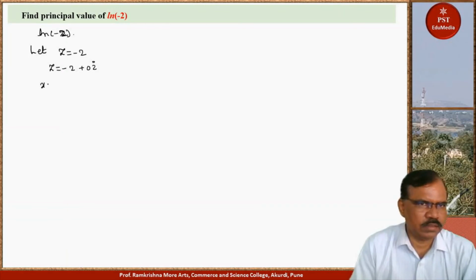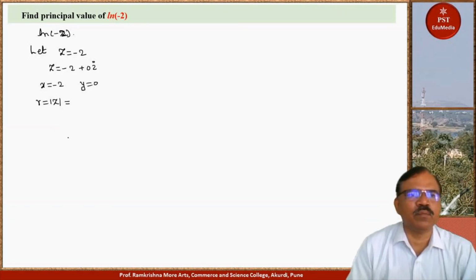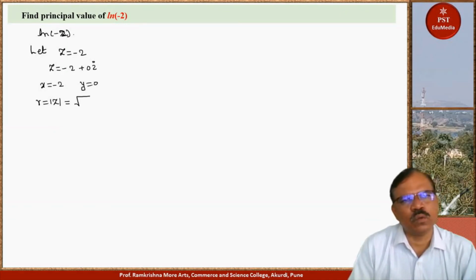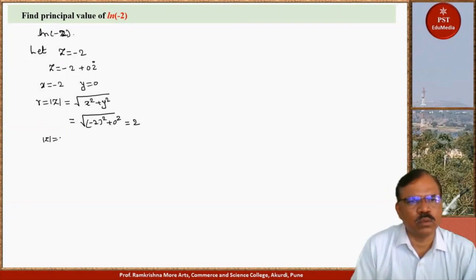So here x is equal to minus 2, y is equal to 0. So what is r? That is modulus of z. So here modulus of z is root of x square plus y square. So this is equal to root of minus 2 square plus 0 square. So we'll get this as 2. So modulus of z is equal to 2.